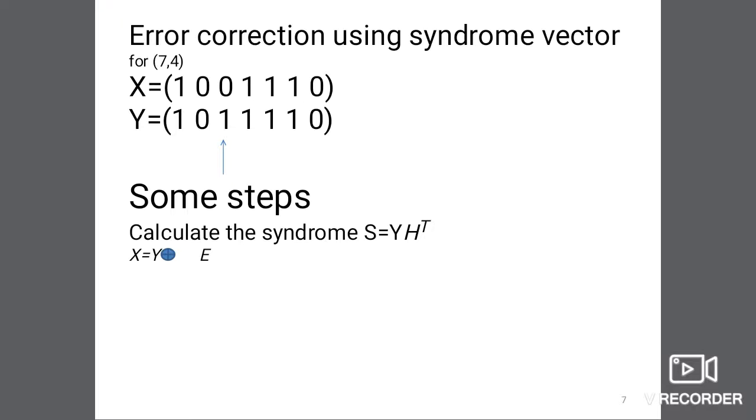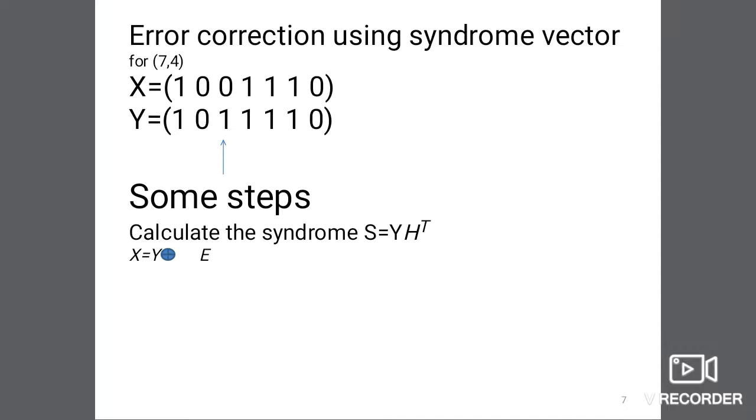Now error correction can be done by following some simple steps. First, calculate the syndrome S equal to yH^T, and then multiply y into H^T. Check the row of H^T which is the same as H. For the pth row of H^T, the pth bit is in error.